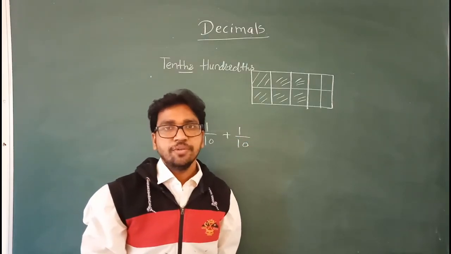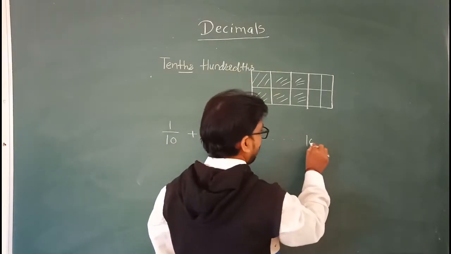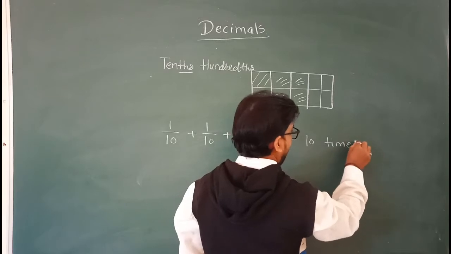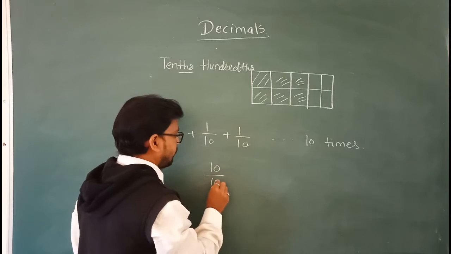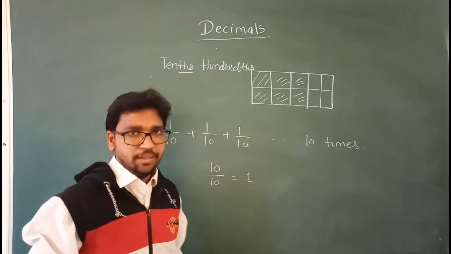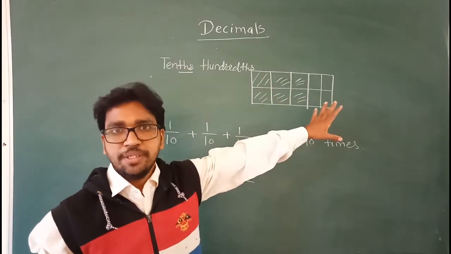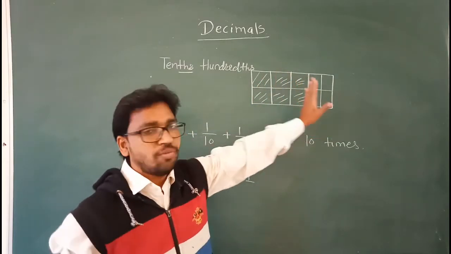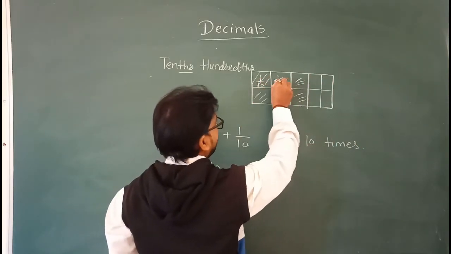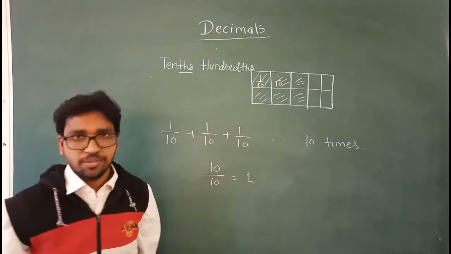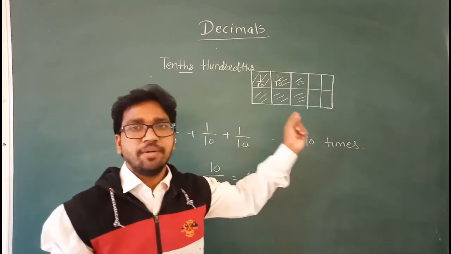Okay. If I add 1 by 10, how many times? 10 times. Then I get 10 by 10. 10 by 10 equals 1. Means these 10 pieces or 10 parts of a chocolate, each is having 1 by 10 part. Each one is 1 by 10, 1 by 10, 1 by 10. Right.